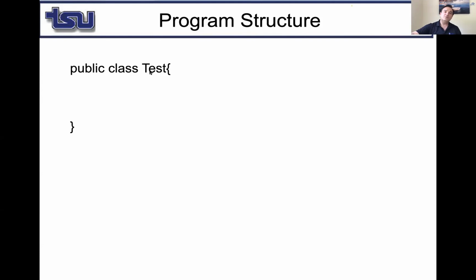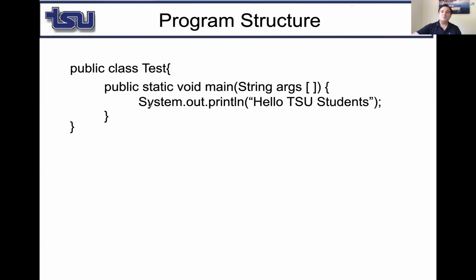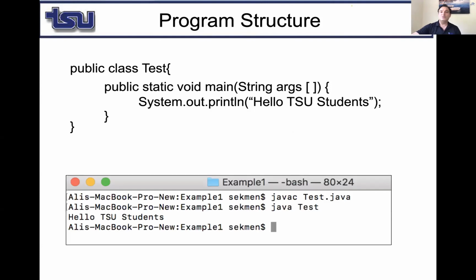So class name should start with what? Capital letters. Then you should immediately put public, static, void, main, parentheses, String with capital S, args, and square brackets, and then left and right brace. And then you start writing your program, system.out.println, in this case, hello TSU students.